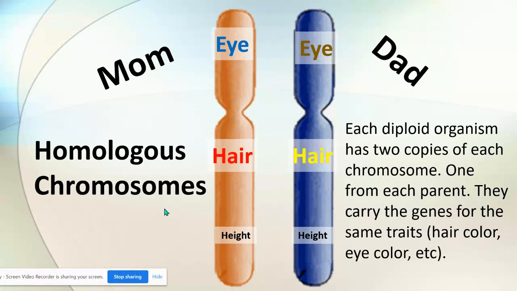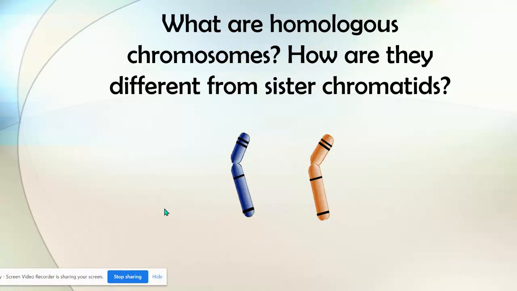Okay, but I do want to point out that homologous chromosomes are different from sister chromatids. Like these orange and blue chromosomes, you can see I put lines on them to show genes. So they are matching, but they're not identical, right? These are two individual separate chromosomes that are not identical to each other, but they're carrying the same types of traits, maybe freckles or blood type or something like that.